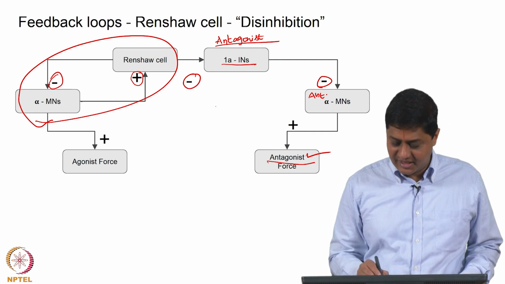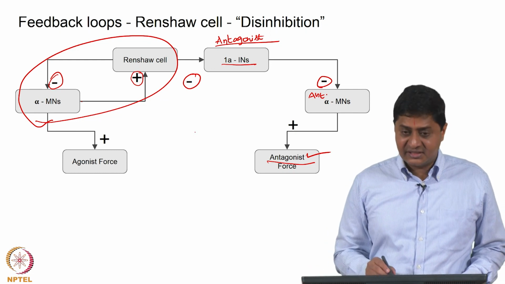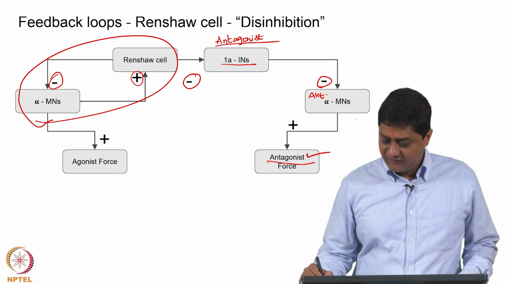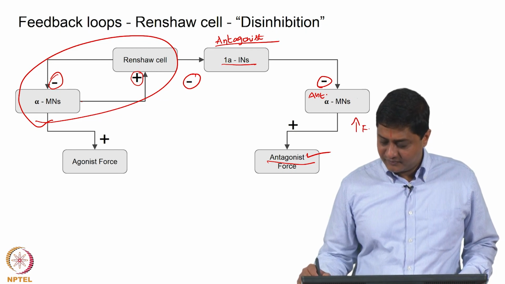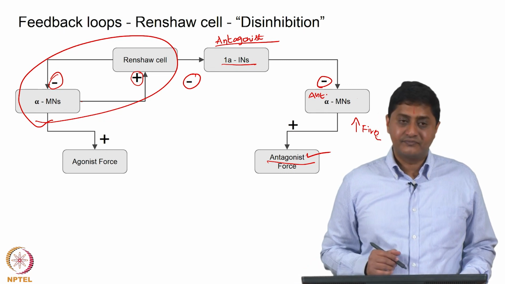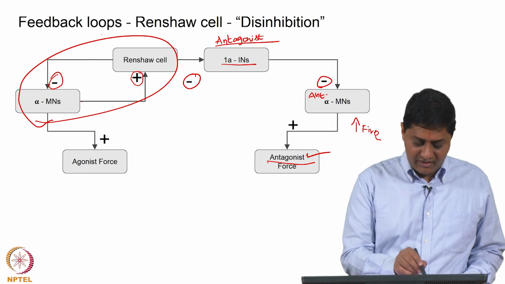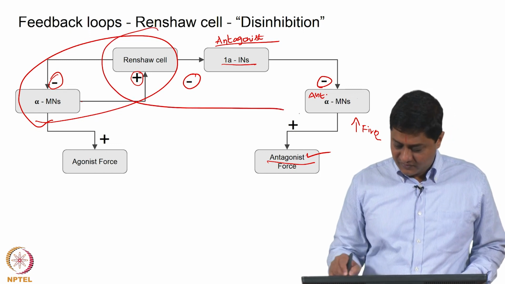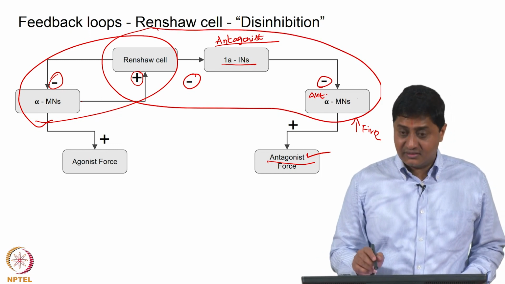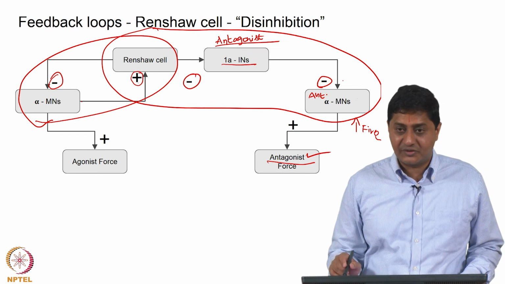So, that is minus into minus, plus, in other words effectively increasing the probability that this alpha motor neuronal pool will fire. Okay. So, what we have seen is there is one more loop that involves that. This might appear as minus, but minus into minus is plus, is what it would appear as.